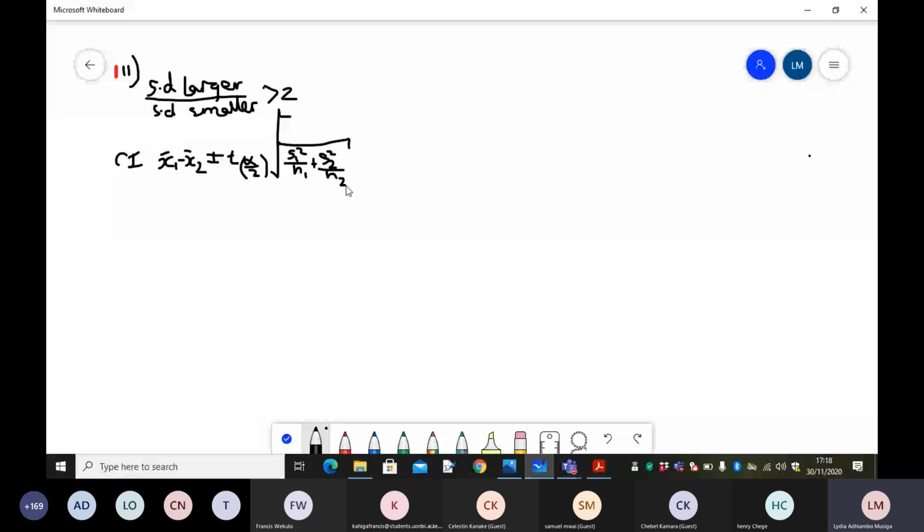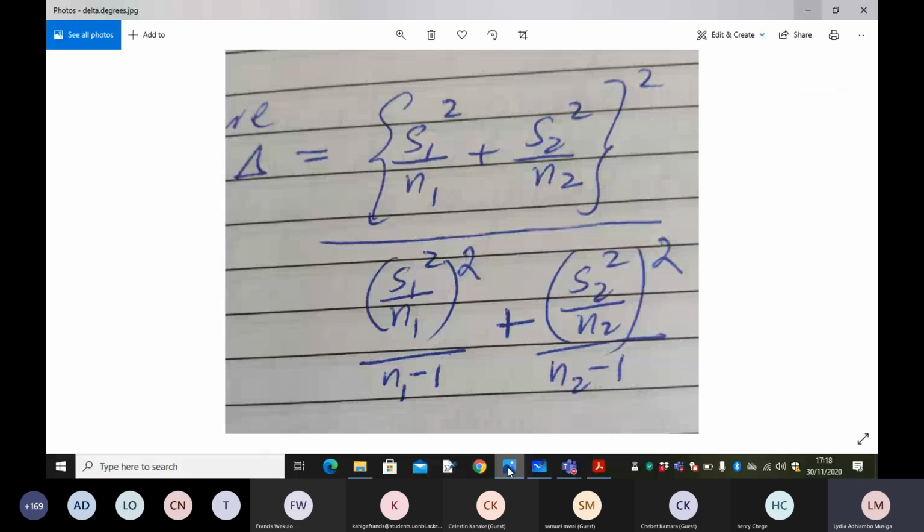And now, when the variances are not assumed to be equal, this t alpha over 2 has delta degrees of freedom, which should be rounded down.